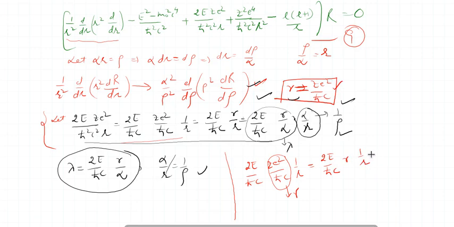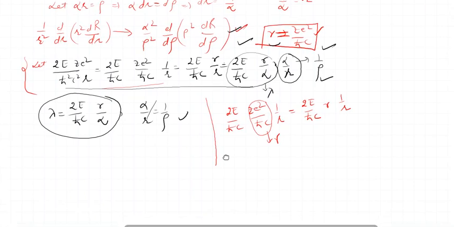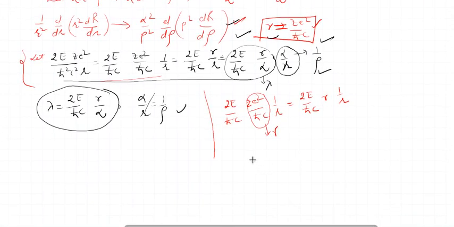Now, let me correct it. As I know, alpha r is equal to rho.